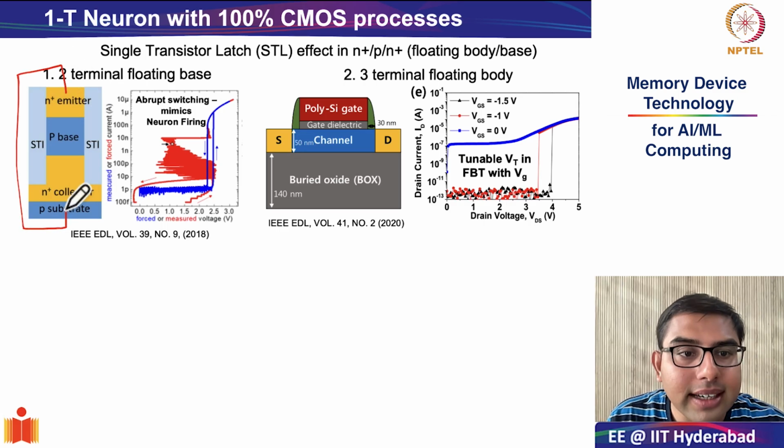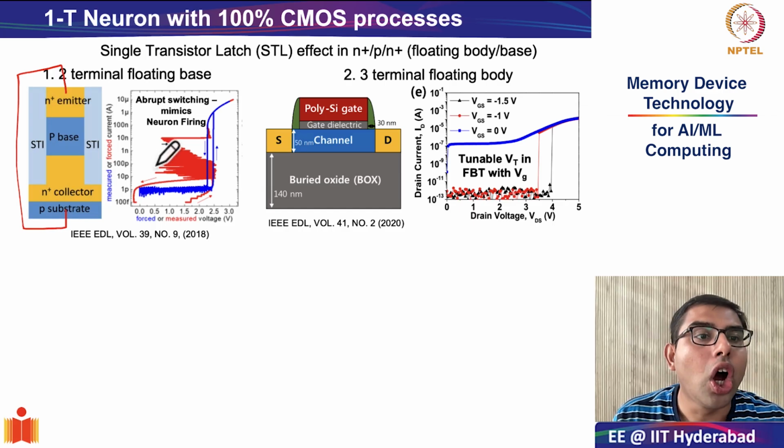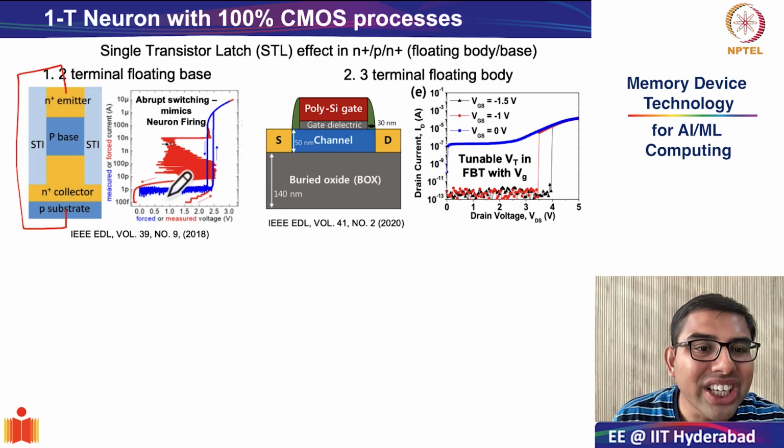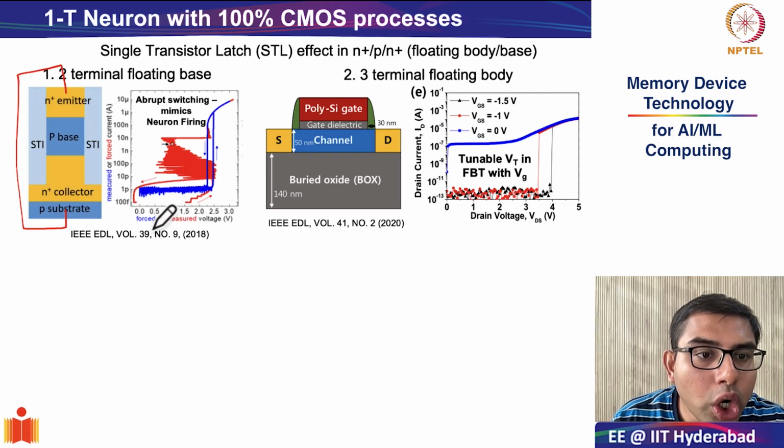And if you look at the electrical characteristics of this 2-terminal device, you notice something very interesting. Let me draw your attention to the IV characteristics shown over here. Please focus only on the blue curve. As you can see, initially at 0 bias, this device is in a high resistance state.